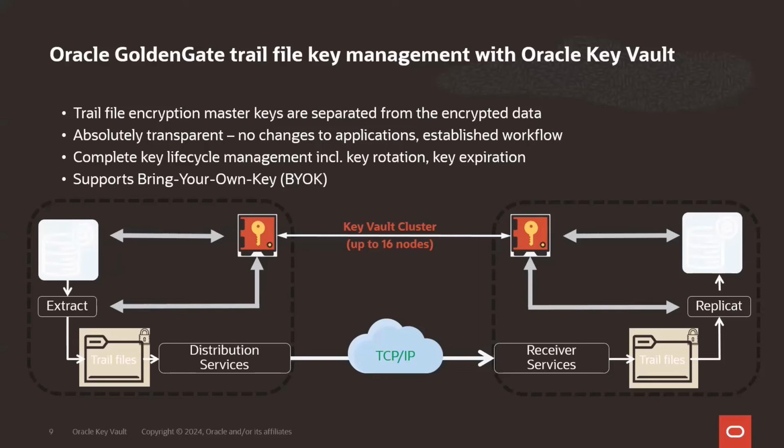Right? The administrator doesn't have to worry about redeploying encryption keys to the replication sites. The keys are already available to those processes because we centralize keys in an OKV cluster.